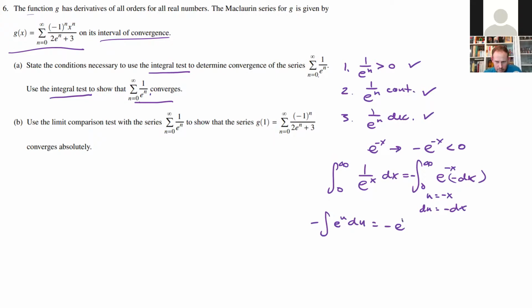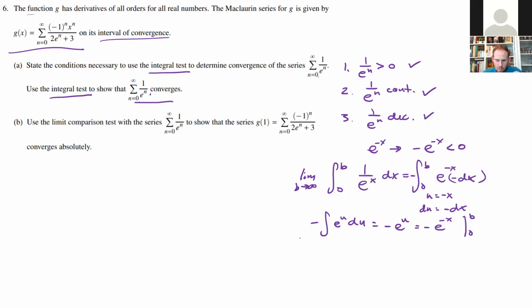Which is negative e to the negative x from 0 to infinity. All right, now I probably want to not write it like this though. I probably want to write it as the limit as b goes to infinity and put b up here and b there and b there because it's an improper integral.